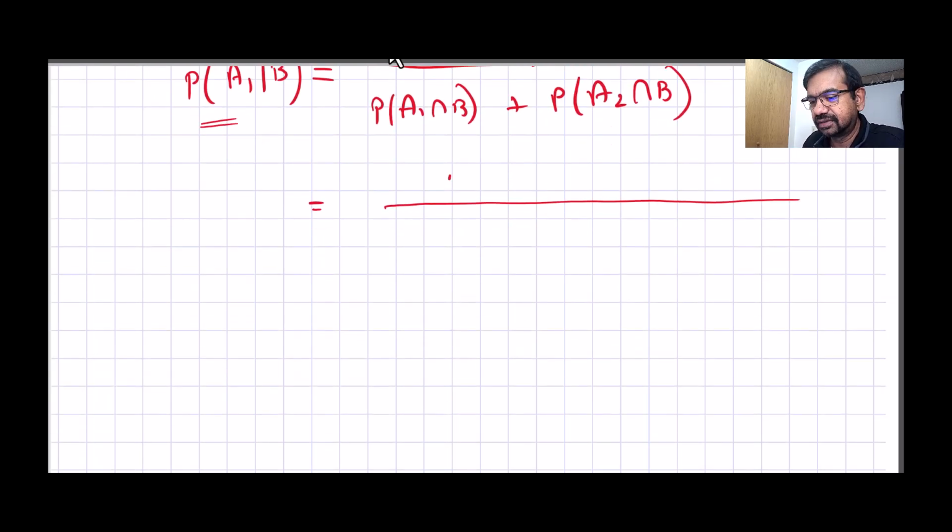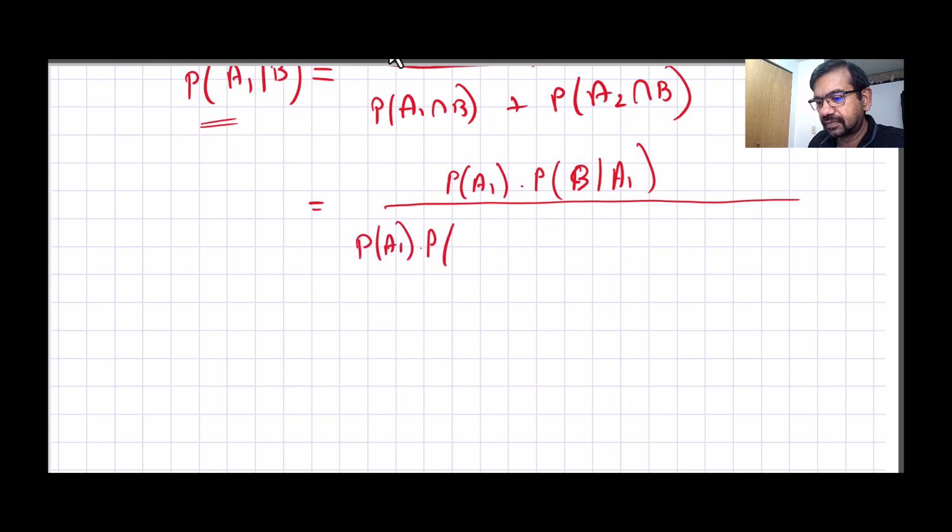So we're interested in the part coming from A1, given that the part is bad, conditional on the part came from A1, divided by the part coming from A1, the part is bad, conditional on A1, plus the part coming from A2 or firm 2 times the conditional probability of the part being bad and coming from A2.